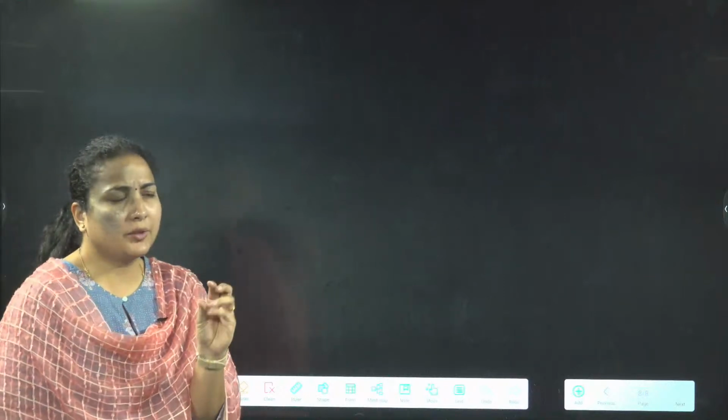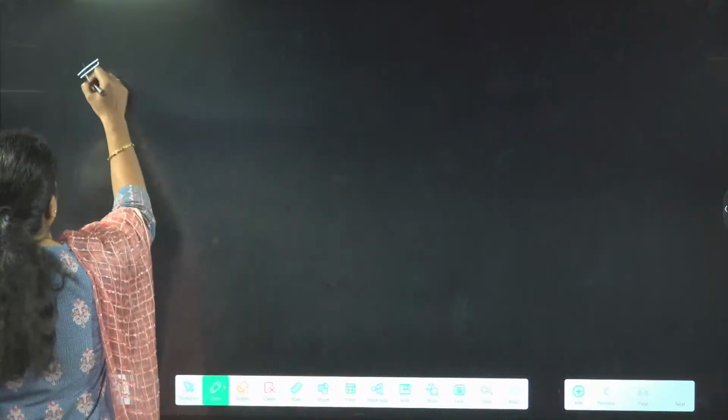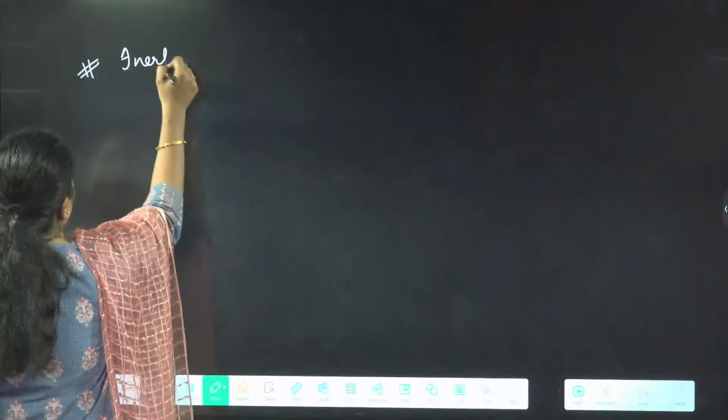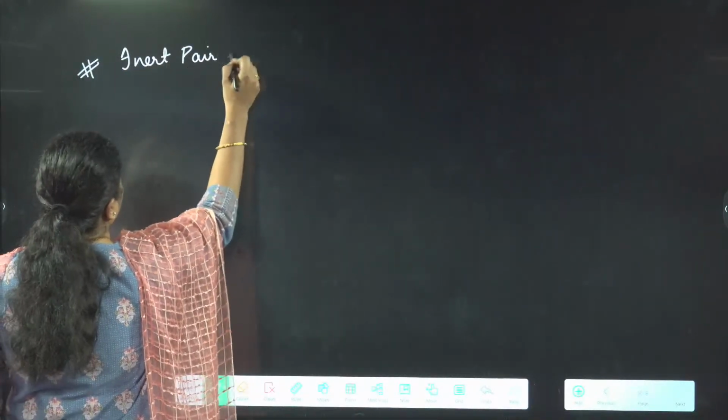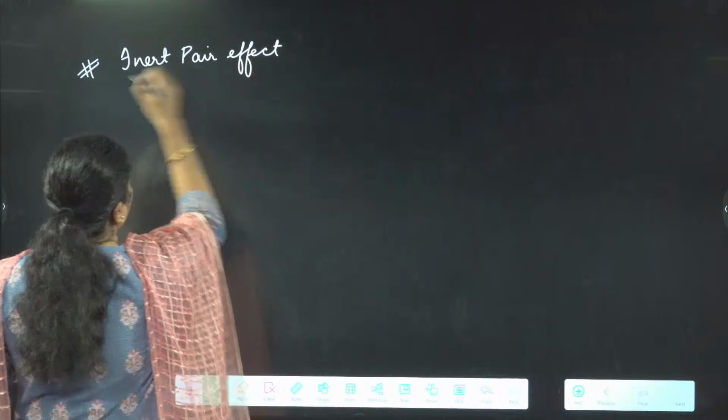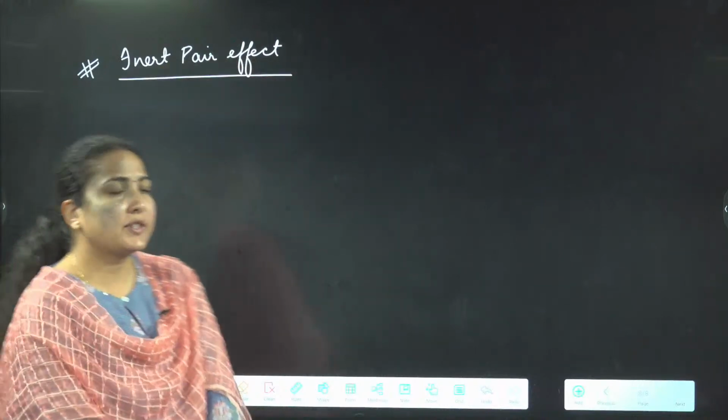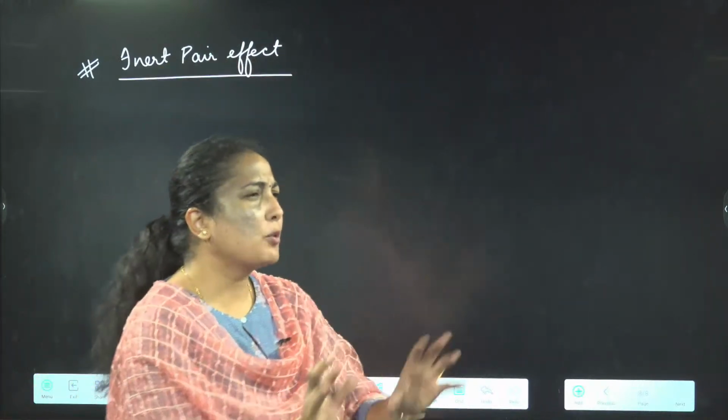Now, next, I think all the atomic properties are done here. Now, we are going to just learn a few things which are remaining, okay? Small things which you must know. One is the inert pair effect, diagonal relationship, and the anomalous behavior of the second period element. So those are all small topics.